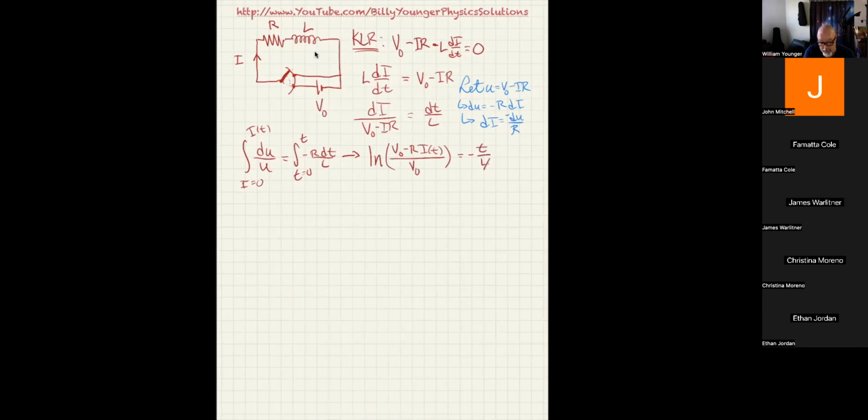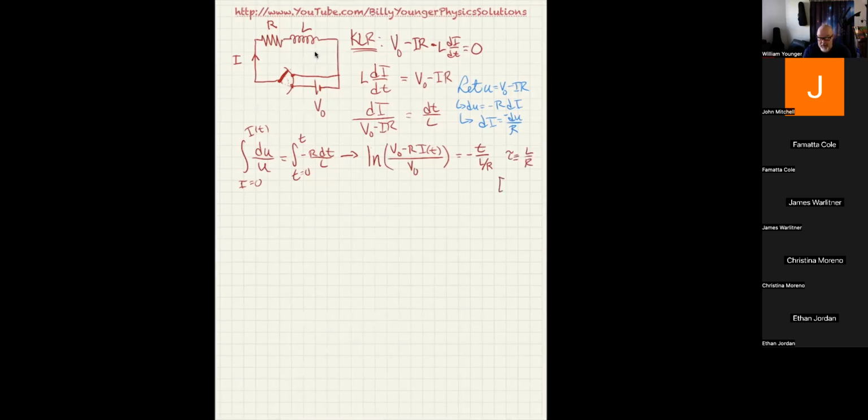In fact, we're going to introduce this time constant, tau, which is L over R. If you work out the units, and this is a good exercise, you will find that the units of tau are indeed seconds.